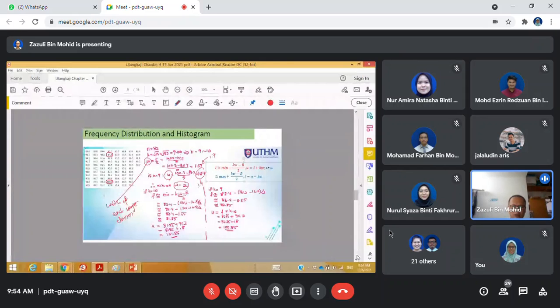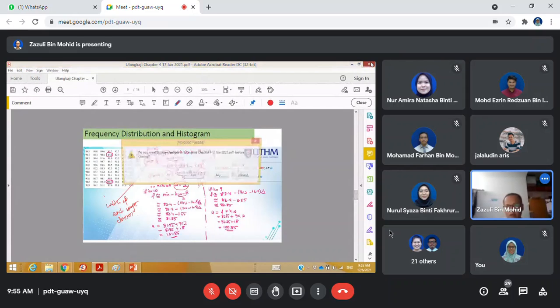Many of you just jump to the answer without calculations. So please be aware, in the final exam, make sure all the method and calculation detail is provided in your answer, so that you can have the maximum marks in your final exam. So that's all for today.